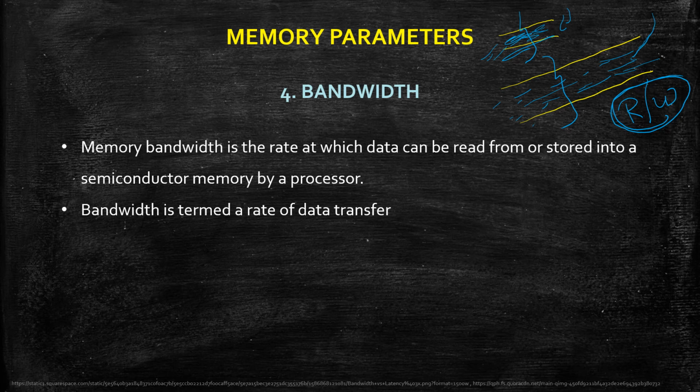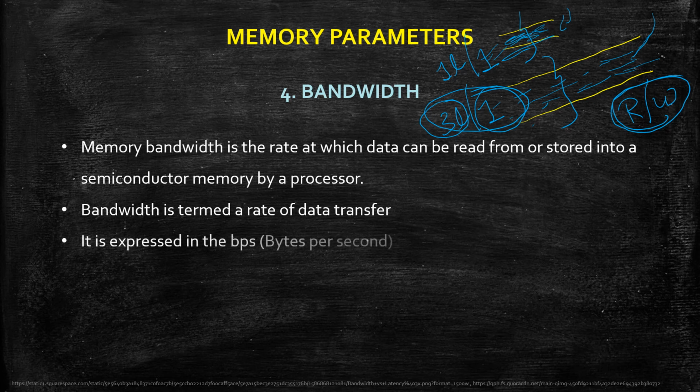Time is of course mandatory, but in some particular duration, just like for this 3 liter water in 1 minute, and here 1 liter water in 1 minute. So the bandwidth is always the ratio of the quantity over the time. So bandwidth is termed as a rate of data transfer, and it is expressed in bytes per second.